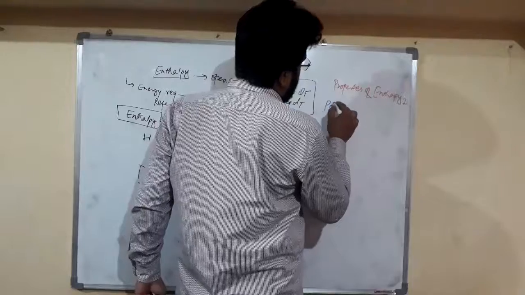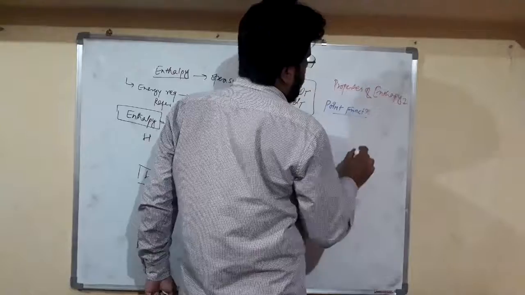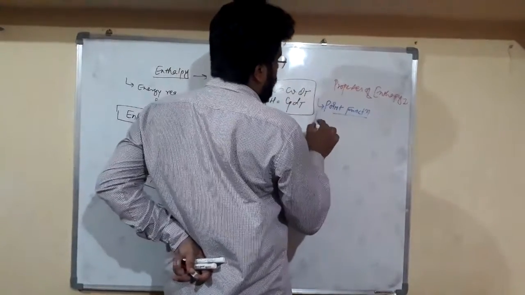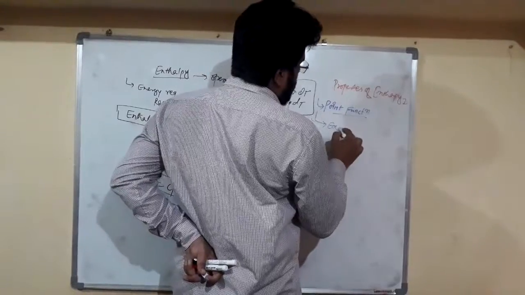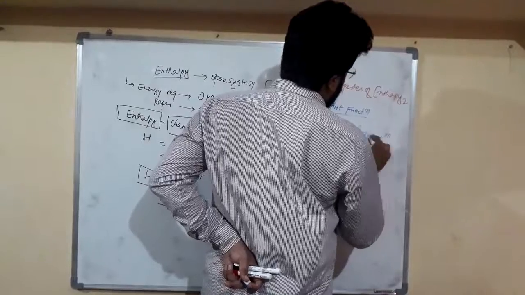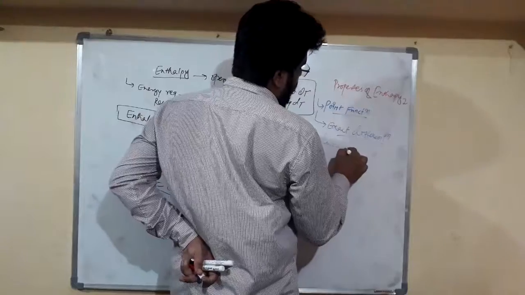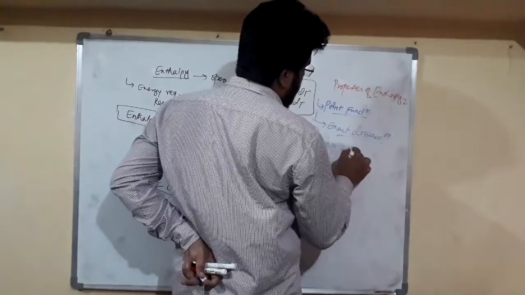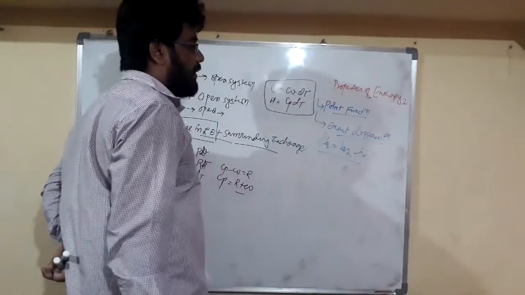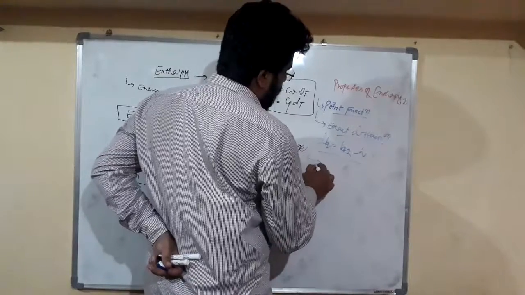Friends, it is fixed at a particular point, at a particular state. Friends, it is a point function, so it is an exact differentiation. We can write du as u2 minus u1, and dh as h2 minus h1. This is exact differentiation, or point function.